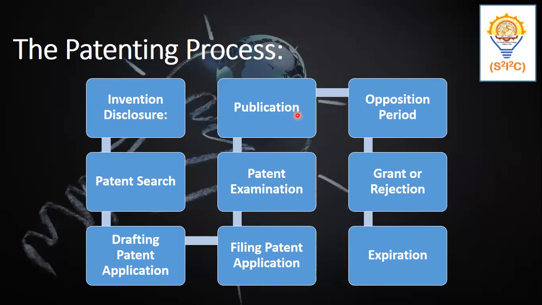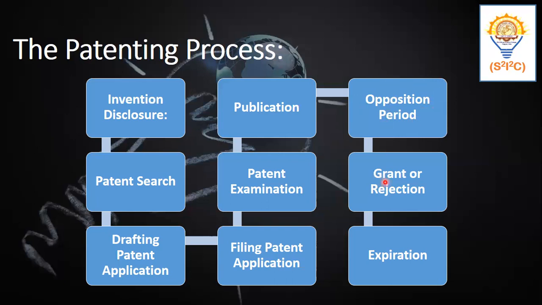After that rectification, again our patent is granted. But third, if the objection is very strong and we cannot rectify or clear it, then our patent application is rejected. Remember this thing. So this is the opposition period.